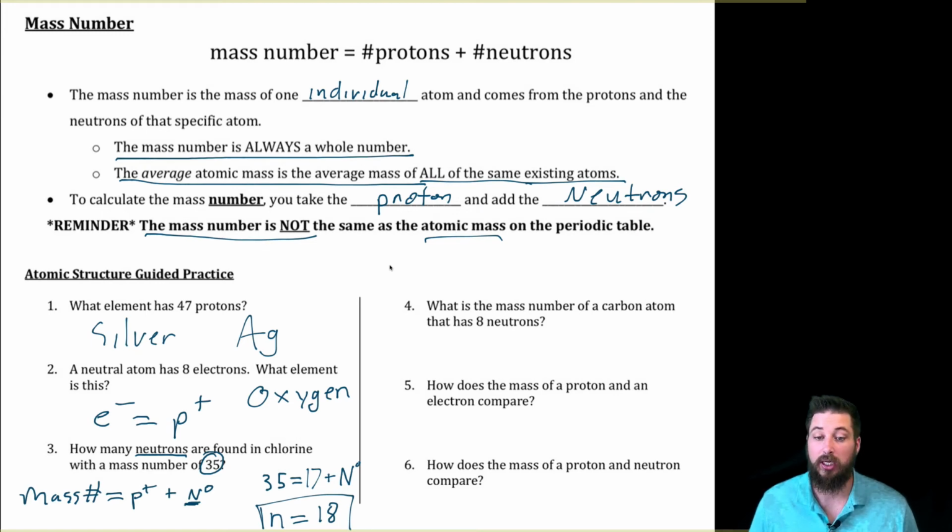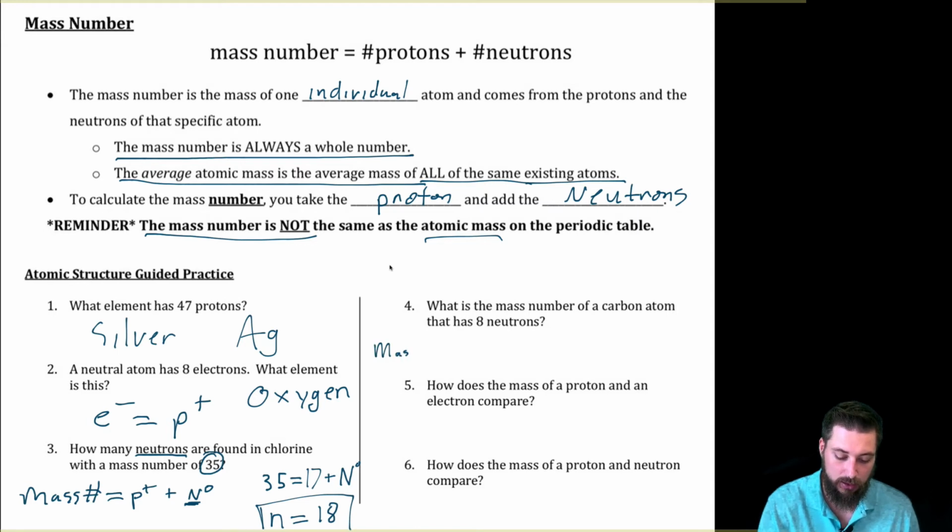All right, number 4, what is the mass number of a carbon atom that has 8 neutrons? Okay, so now we're asking for mass number. And again, mass number is equal to the protons plus the neutrons.